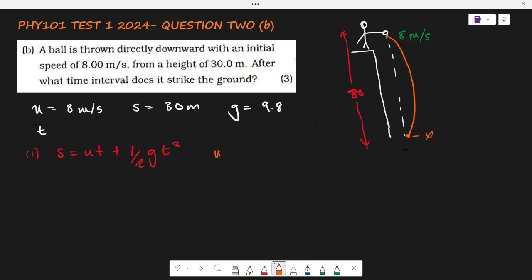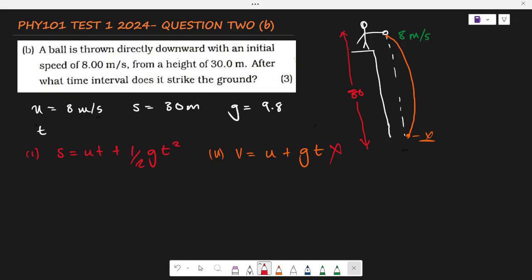Equation number 2 is v, which is the final velocity as the ball hits the ground, equal to u plus gt. Which of these two formulas are we going to employ in this question? Our second formula is going to fail because we do not have the final velocity.